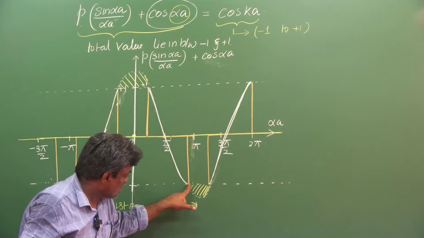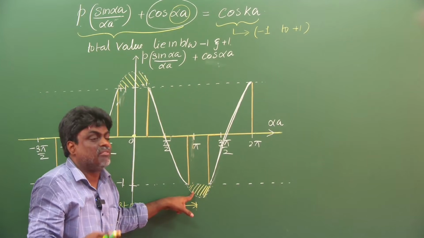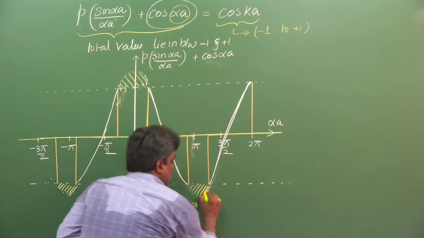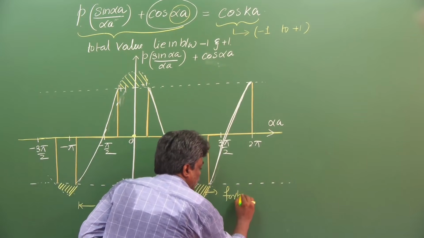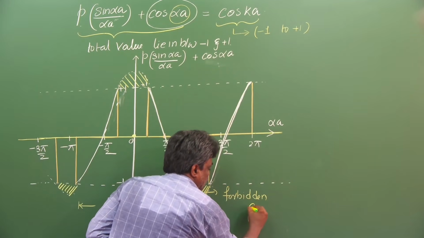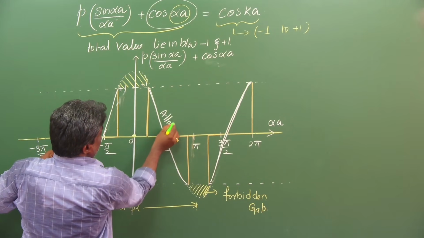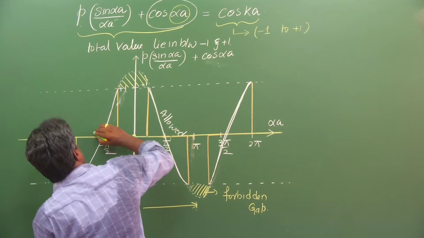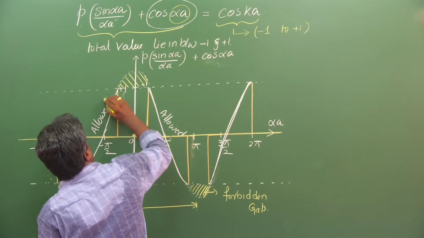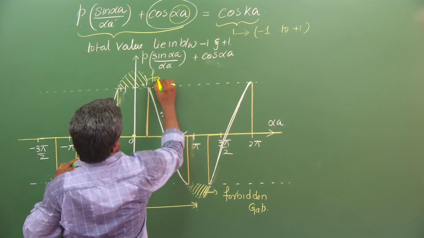In this region these values are forbidden, and this gives you a forbidden gap. And this is allowed, and this is also allowed, and again here we have forbidden.